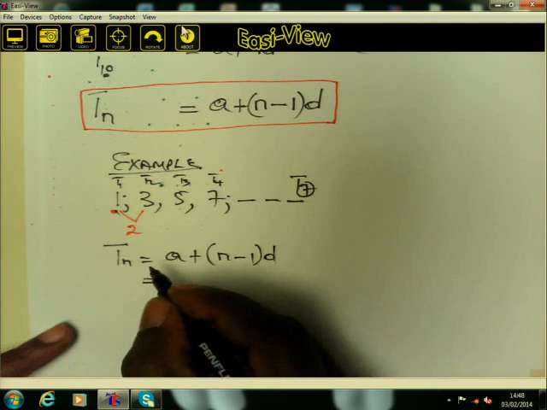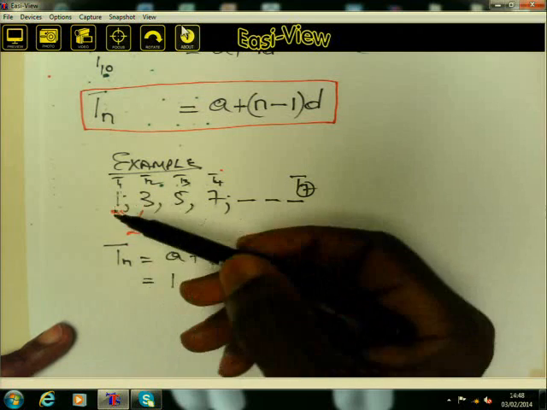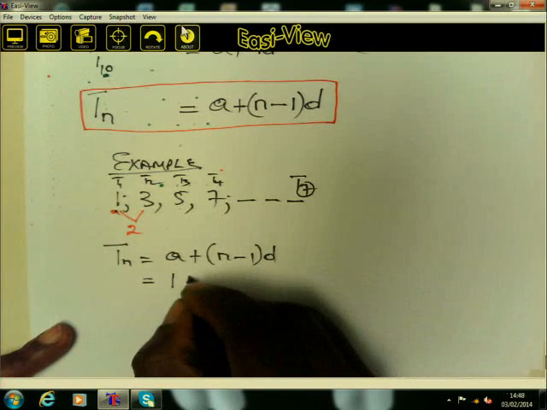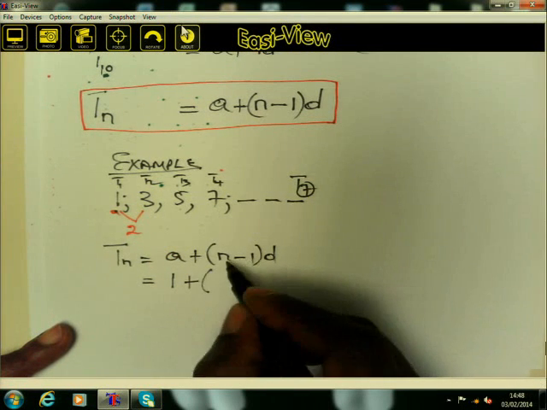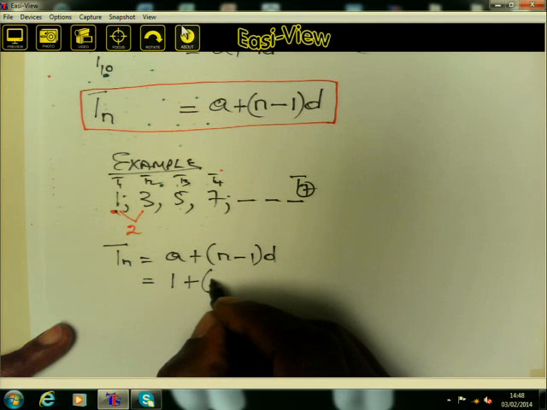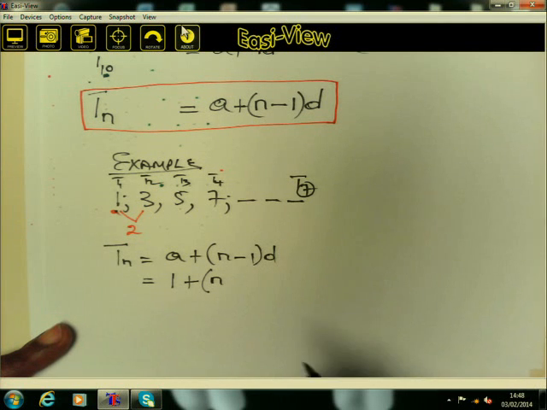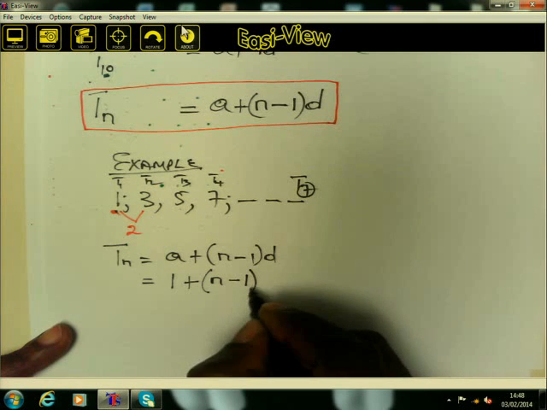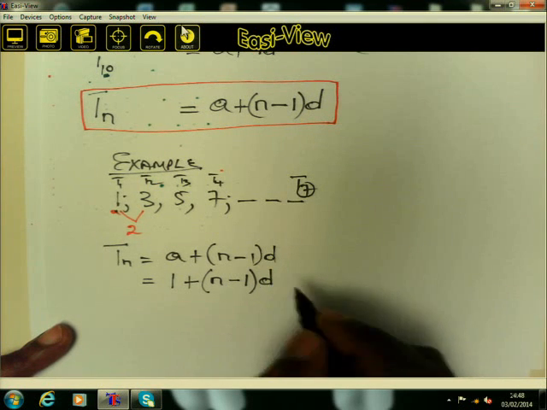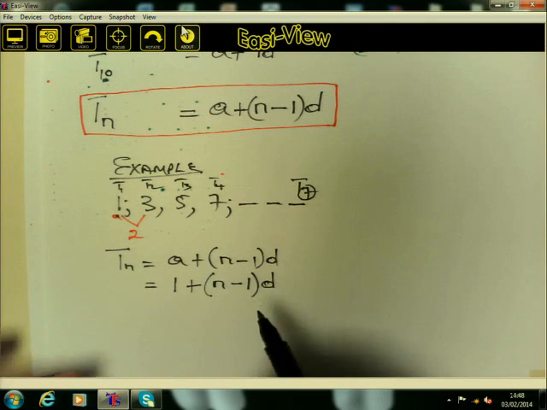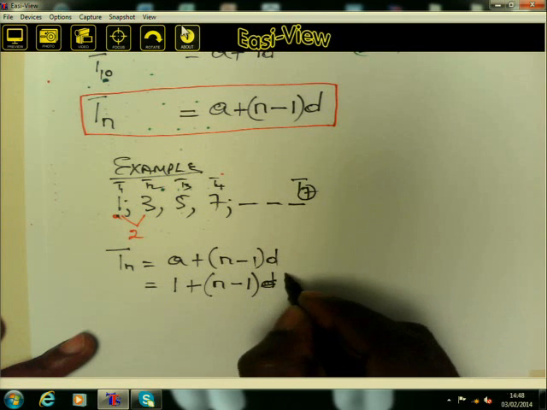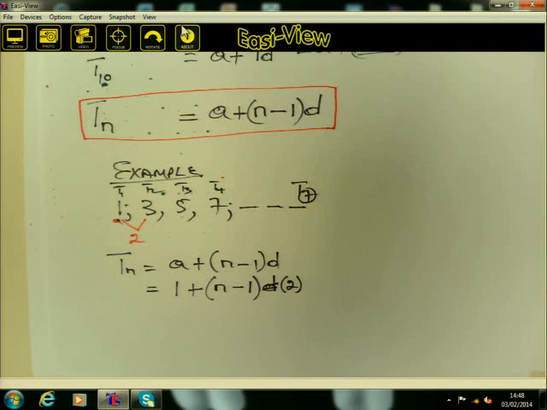The value for A is 1, which is our first term, and then we add the term number. We don't know, we are looking for that. That is n, then minus 1. We know the difference, which is equal to 2.